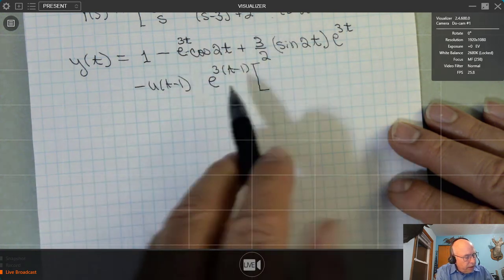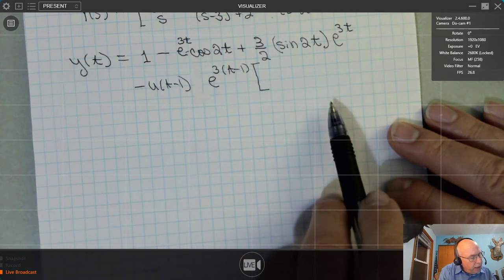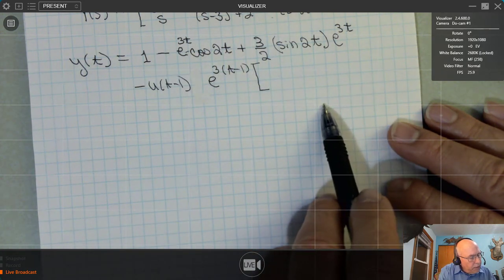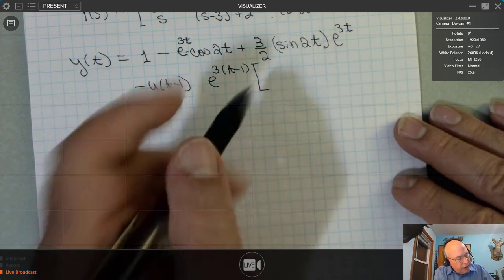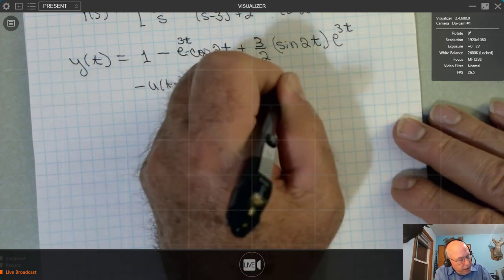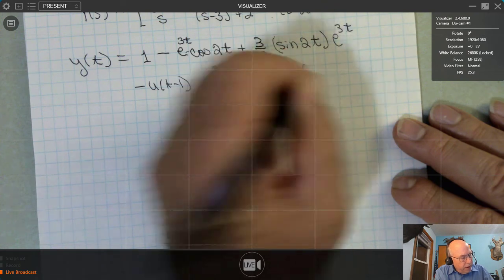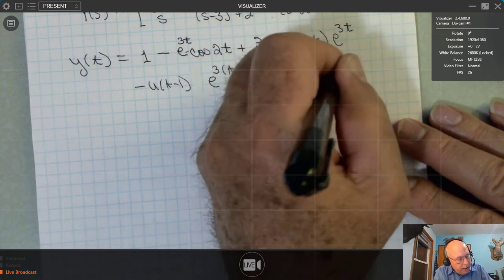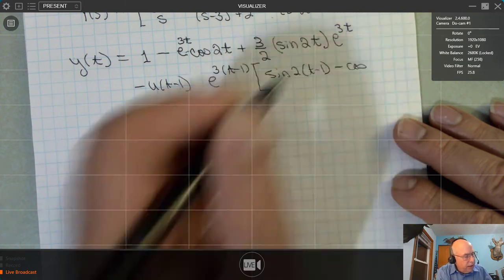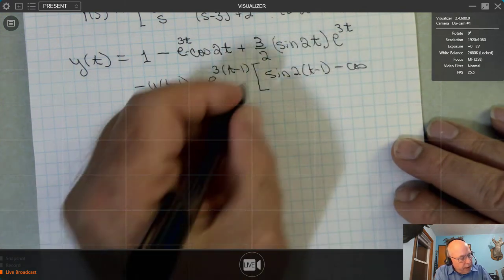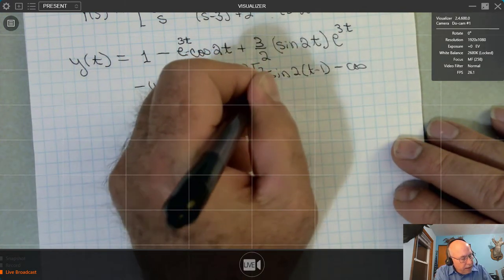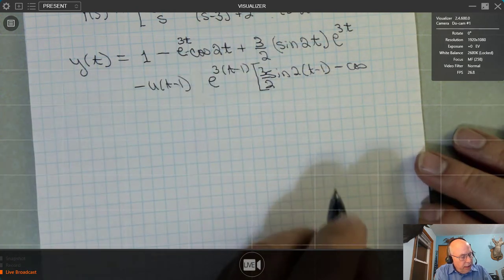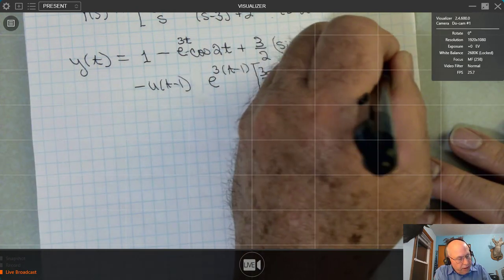So the cosine is negative. Why don't we write the sine first then? Sine of 2(t minus 1) minus, oh, and that sine's got a 3/2 on it, cosine of 2(t minus 1).